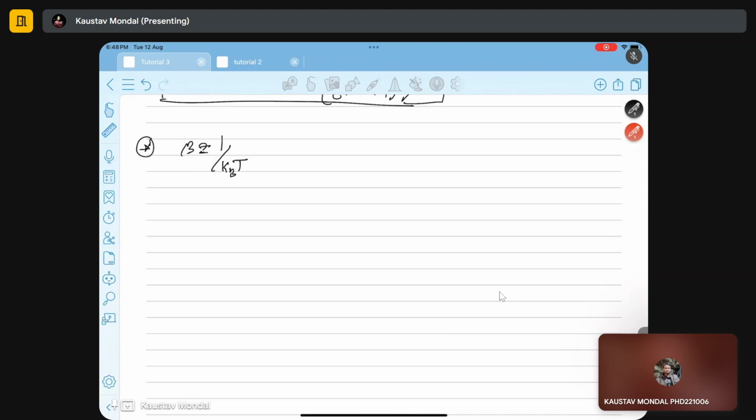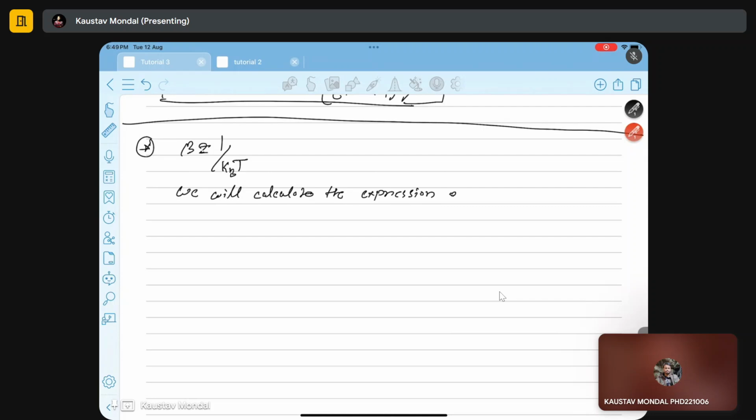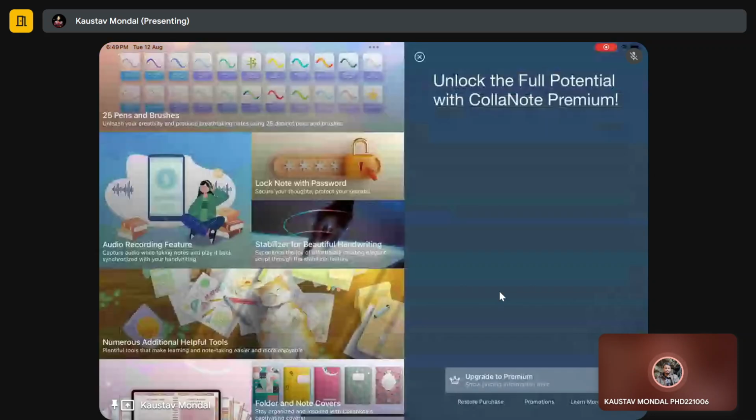So for this problem, just a separate thing, we will calculate the expression of beta, that is a Lagrange undetermined multiplier, that we have encountered before, right?